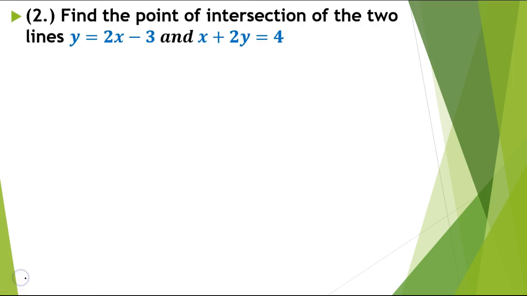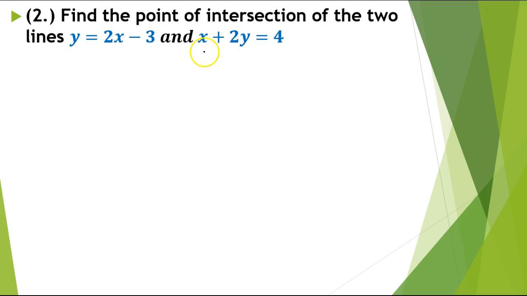All right, let's do another one. Find the point of intersection of the two lines. Here we could solve for x or for y, but y is already solved, so that is actually easier. We can go ahead and substitute this expression into this equation for y.